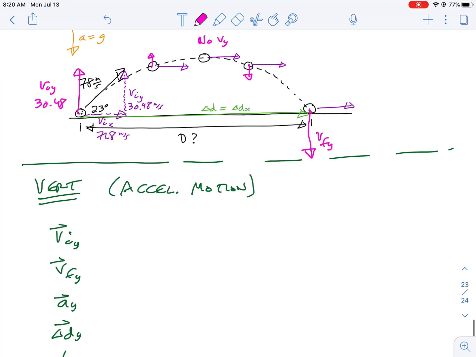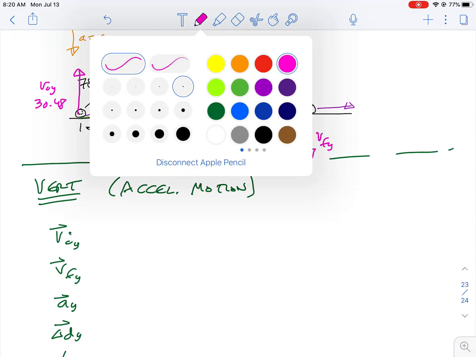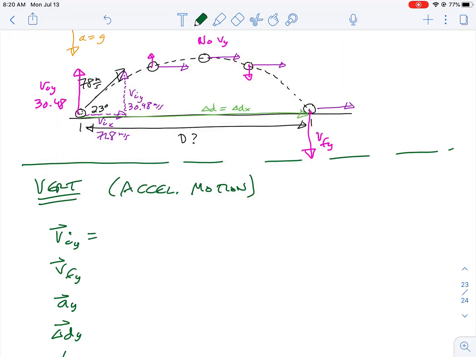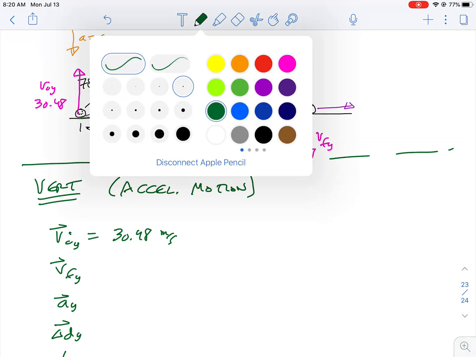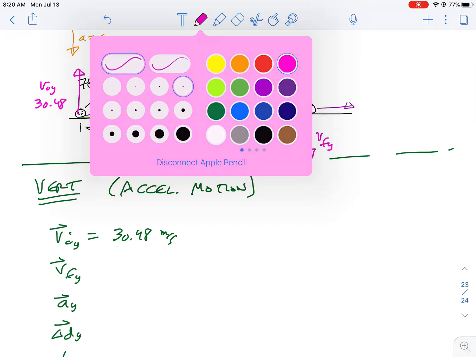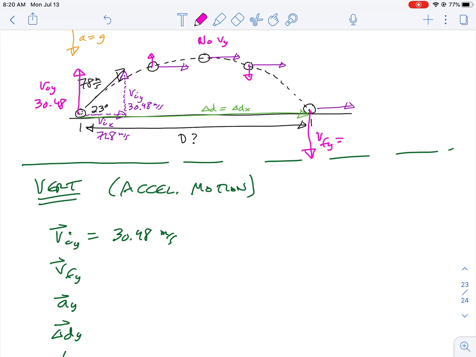Okay, now for making our list, V initial Y we know as 30.48 meters per second. Do we know V final Y? And it turns out we actually do, because it came to the very same height as it started. And due to symmetry, this will also be 30.48 going downward.